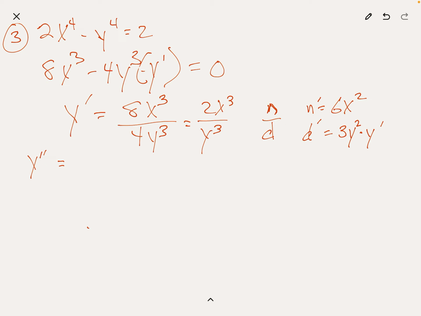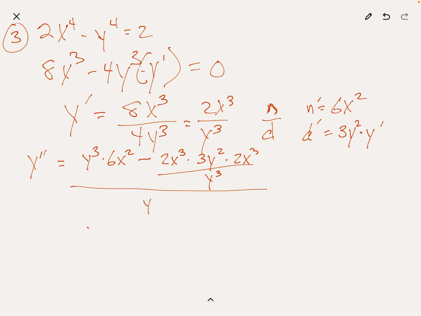Okay, so then we have the denominator, y cubed times the derivative of the numerator, 6x squared. And then we do minus the numerator, 2x cubed, times the derivative of the denominator, which is 3y squared. And we have to plug in for y prime, so we go back and we do 2x cubed over y cubed. And then we're going to do the denominator squared, which is y to the 6th.